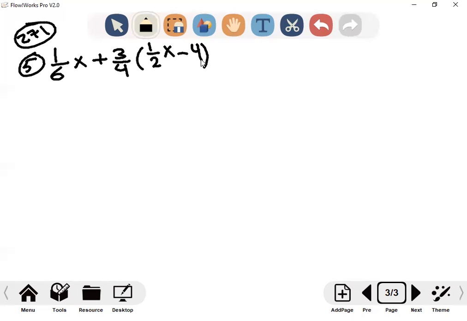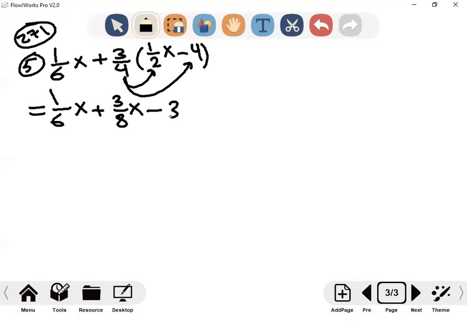The factored form at the end we do, right? We distribute the 1 over 4 first and get rid of the parentheses. So this is equal 1 over 6x plus 3 over 8x. Then minus 3 multiply 4, 12, divided by 4, 3.